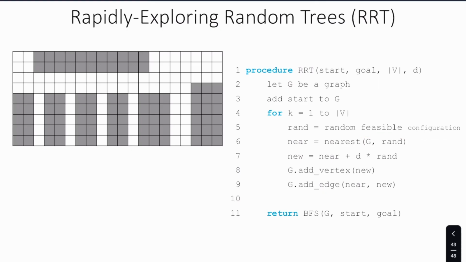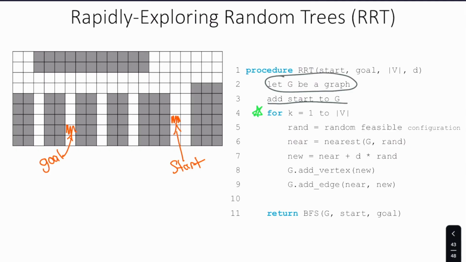Alright, well, how does this work? We start with an initially empty graph, and then we add our start vertex to the graph. Then we enter the loop, and for up to the number of vertices we're allowing it to explore, we'll first randomly pick a feasible configuration.